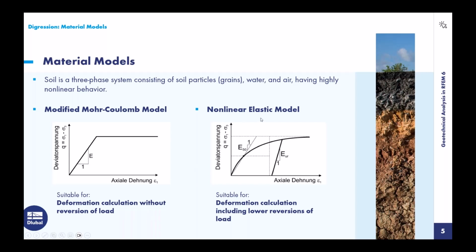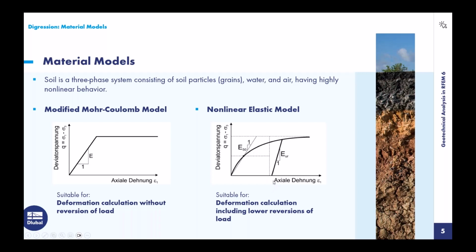Then we have the nonlinear elastic model in our program. It's a model that is able to show the stress dependency of stiffness that soil shows. So this means that dependent on the stress state the element is under, it shows a different stiffness.